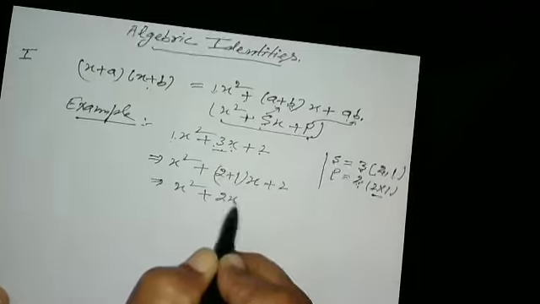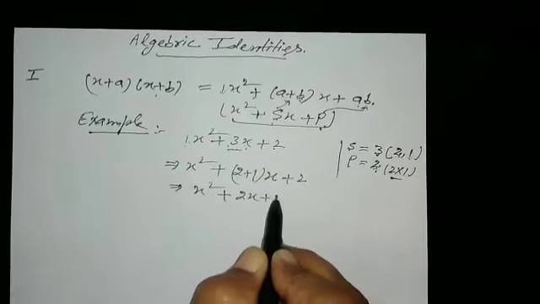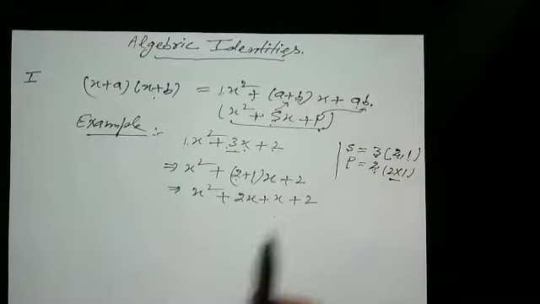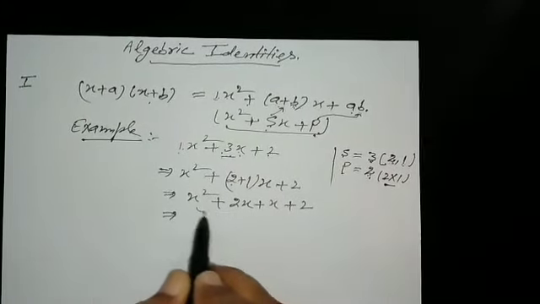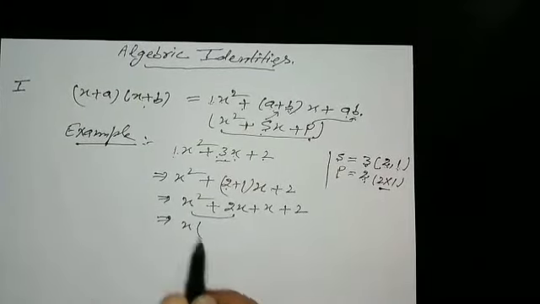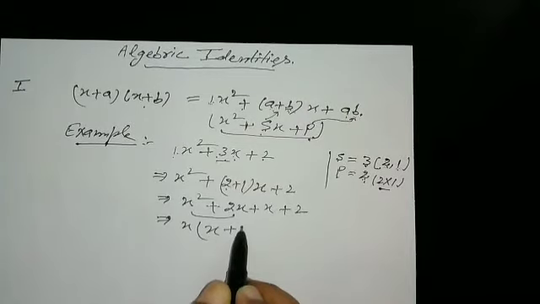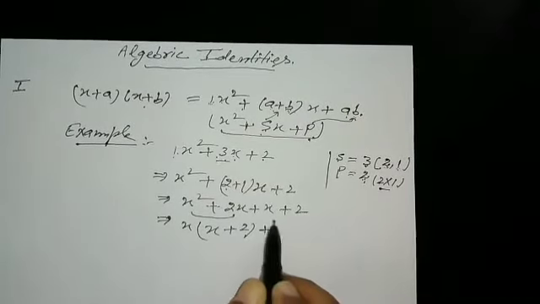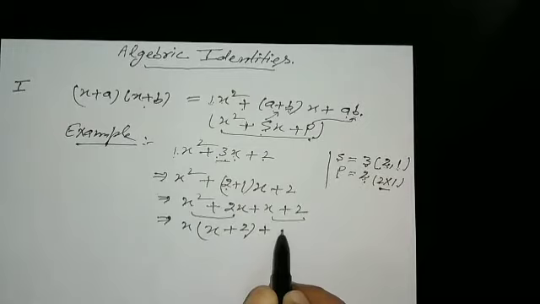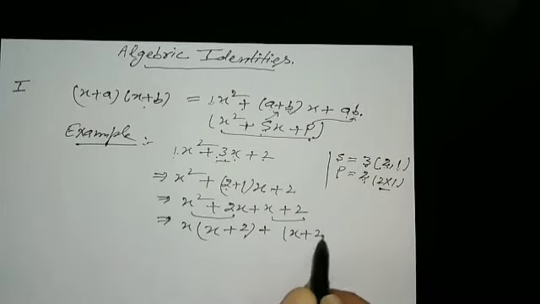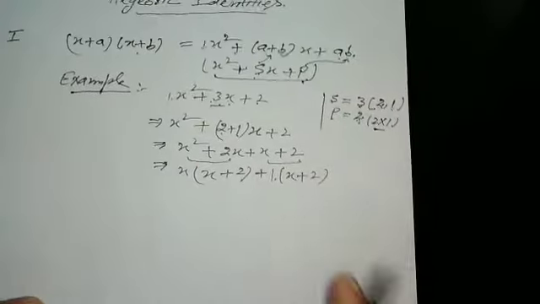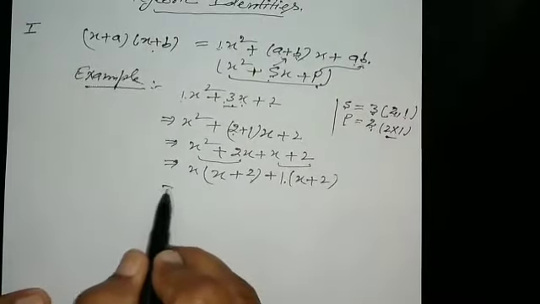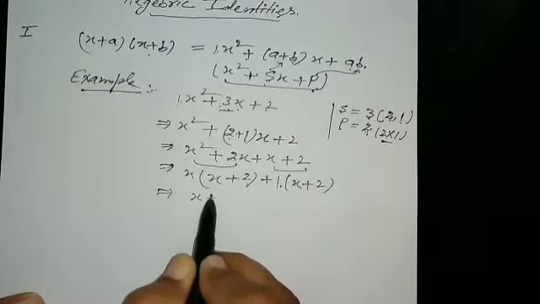Now you can multiply this x to both these numbers, right? And you have to take common as x. Here you will get 2, and from this nothing is common, so write here as it is, but in multiplication you can write 1, because if this number is multiplied by 1, nothing would be changed.